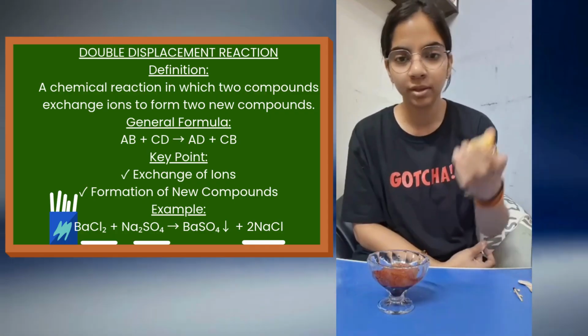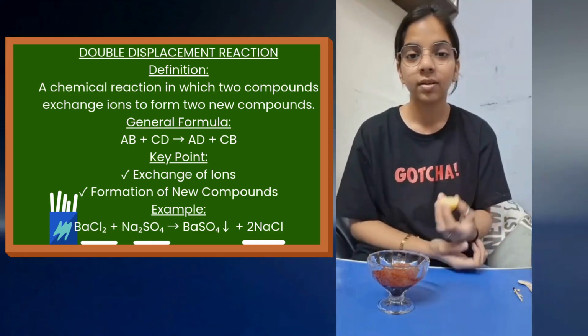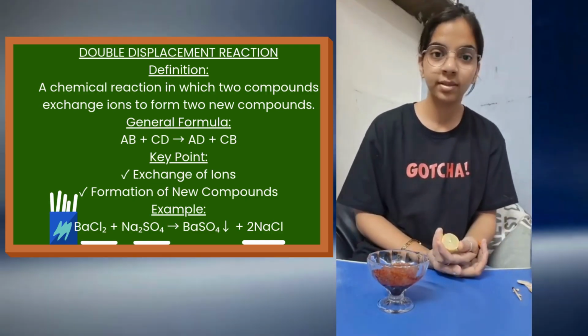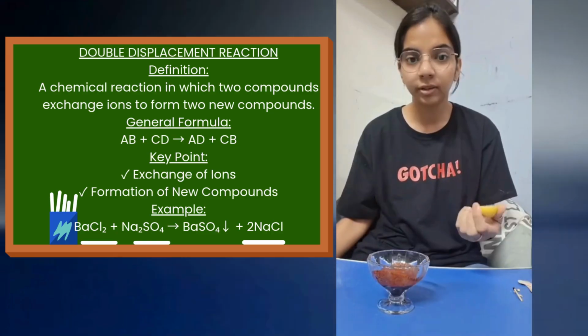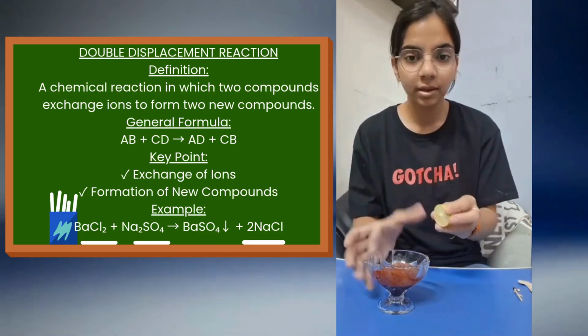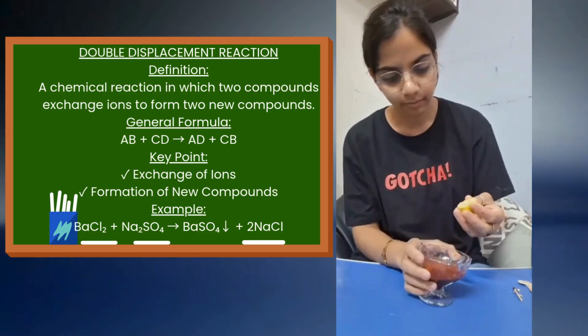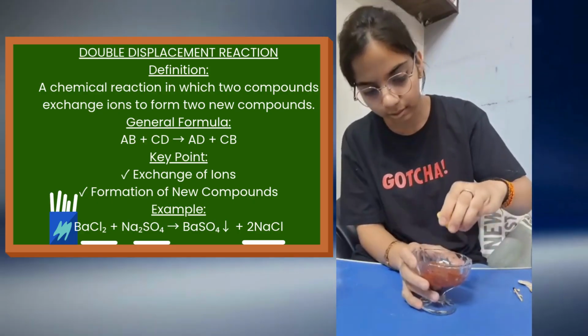So acid is present, and you know that detergent or soap solution is basic in nature, right? Now, as soon as I add the lemon juice, this acid, to this base solution, that is a soap solution, neutralization reaction will occur.